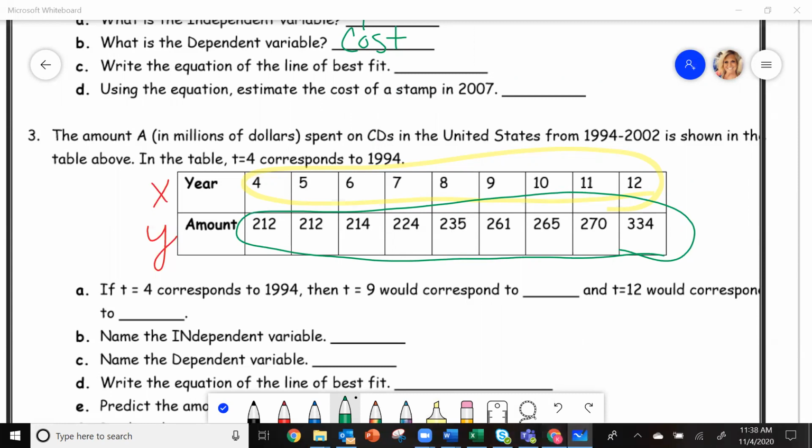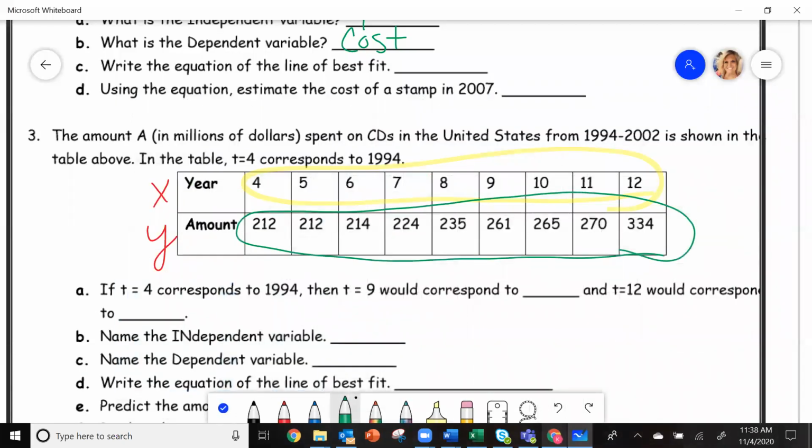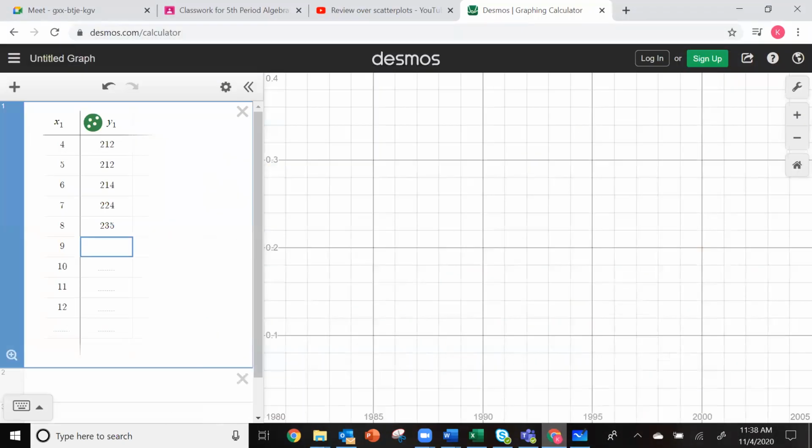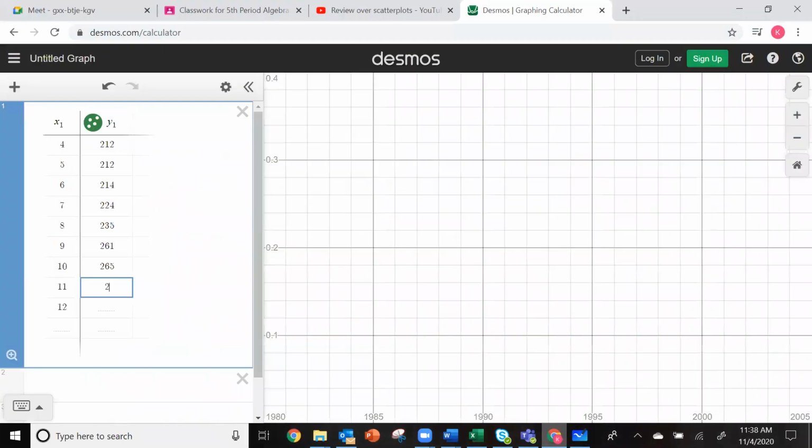Then 224 and 235, 261 and 265, 270, and the next one is 334.